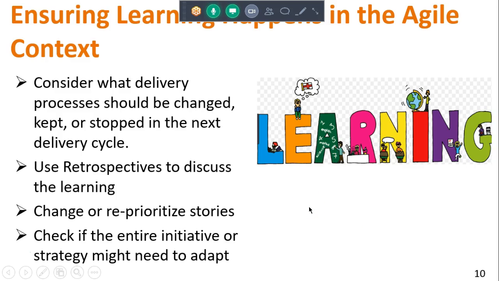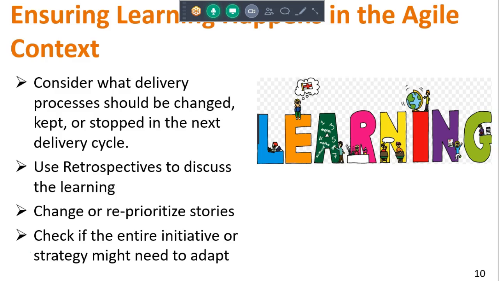It is about being adaptive and learning. We've already mentioned retrospectives in the initiative horizon, and they're probably even more critical, or more commonplace, at the delivery horizon, where in most flavors of Agile we're talking about specifically dedicating time at the end of an iteration to do a retrospective.